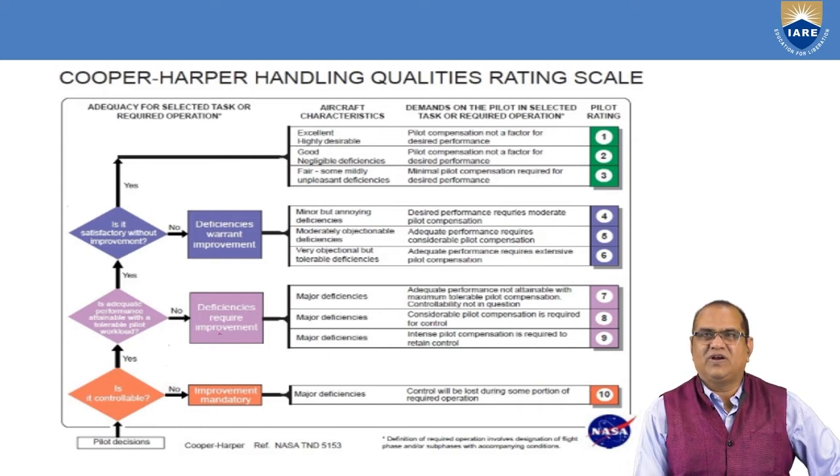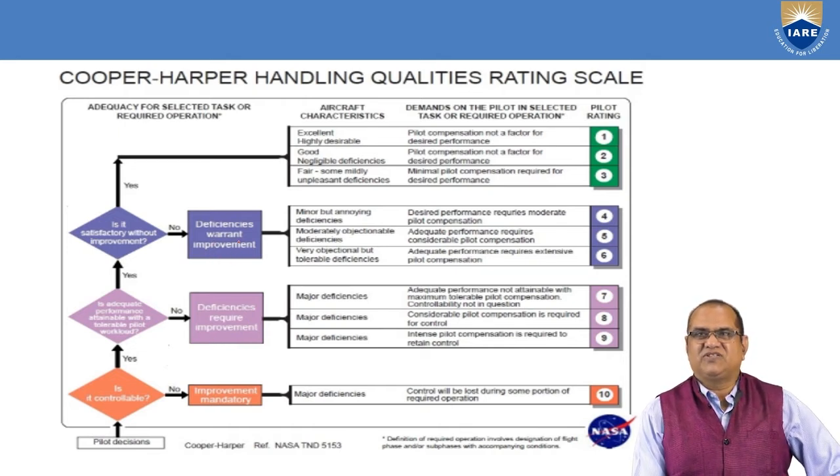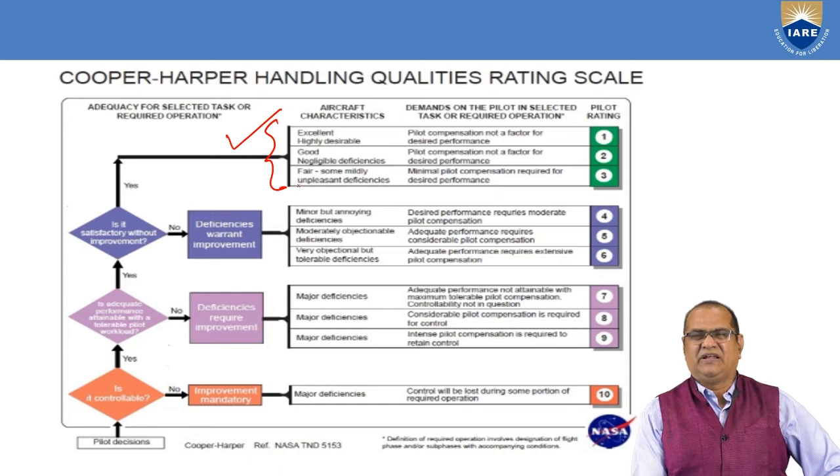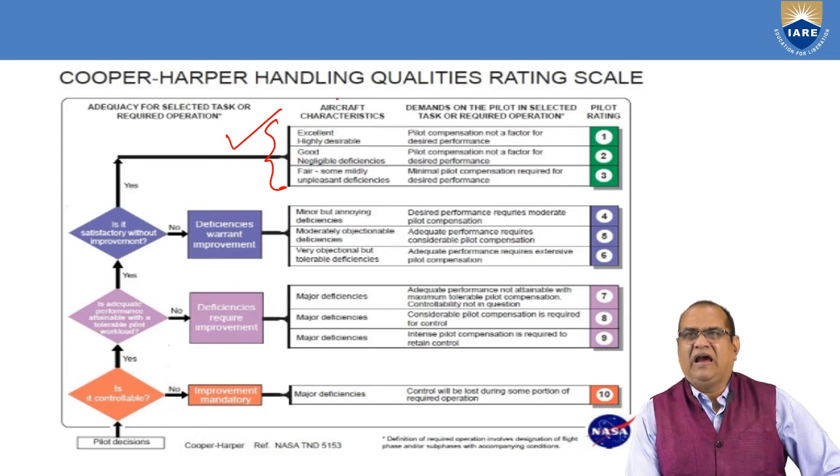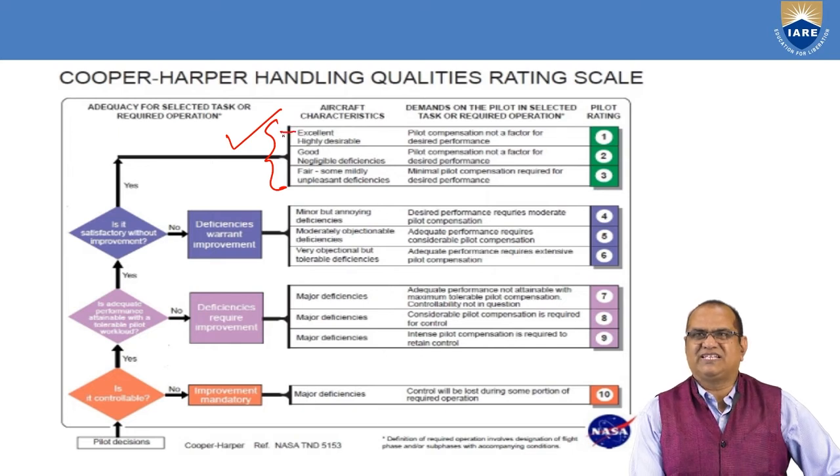So here you can see deficiencies require improvement, deficiencies warrant improvement. If all these things are over, it will go yes. And this 1, 2, 3: if your aircraft is there, this aircraft is very smooth. If you are getting everything good, then it is excellent. If 1 or 2 things are missing, it is good.